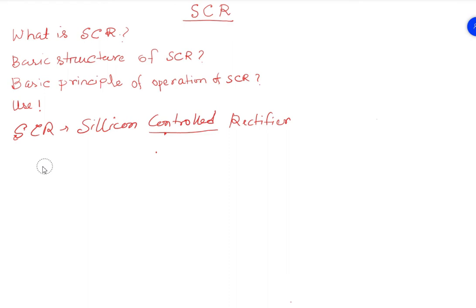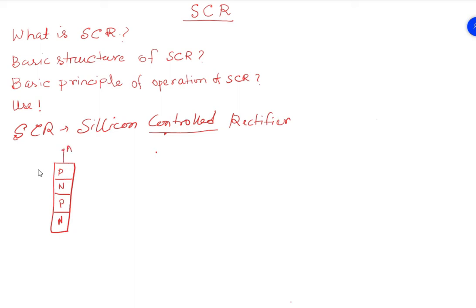First we will draw how the structure of SCR looks. So we will draw the schematic diagram of SCR first, meaning how it looks block by block. P, N, P, N. I have told it is a 4-layer device.